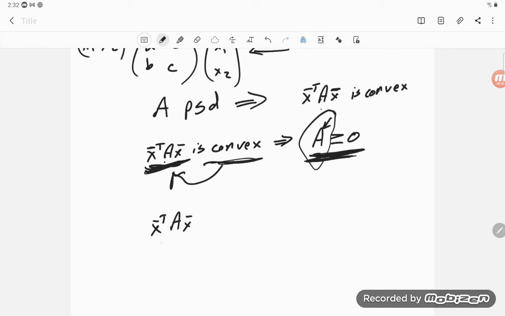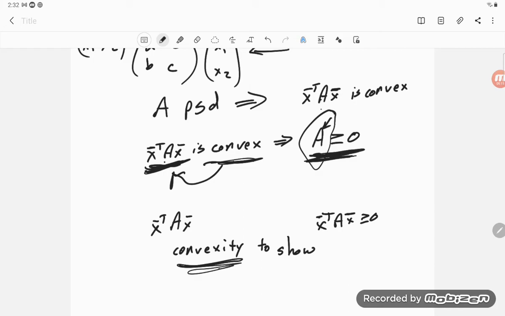Can you take convexity properties that we've already proved to show that x transpose Ax is greater than or equal to 0 for all x?